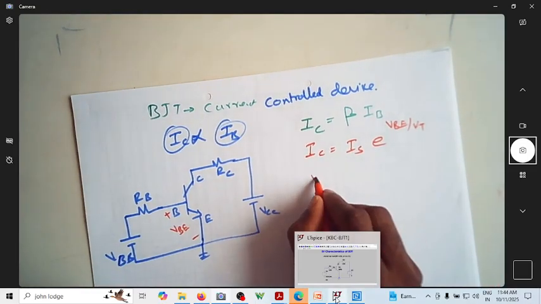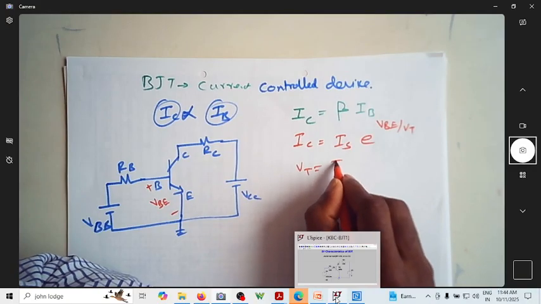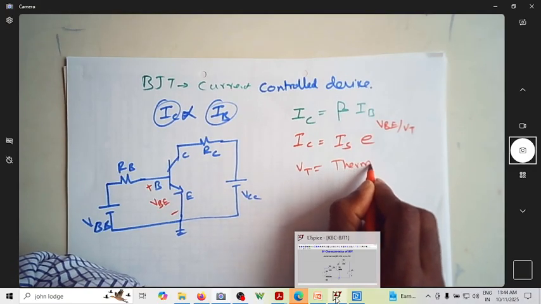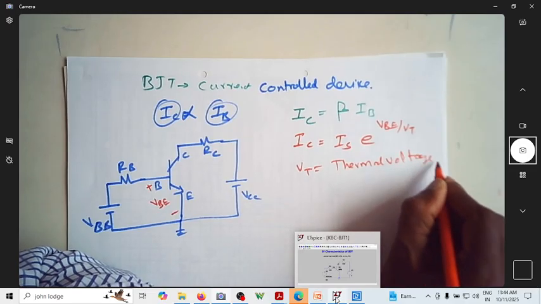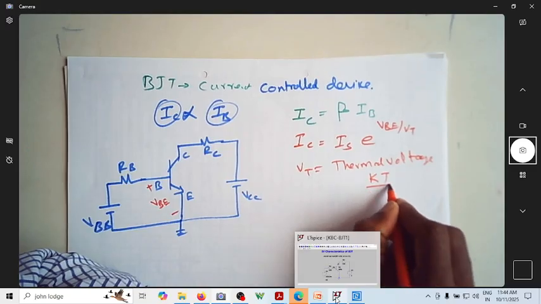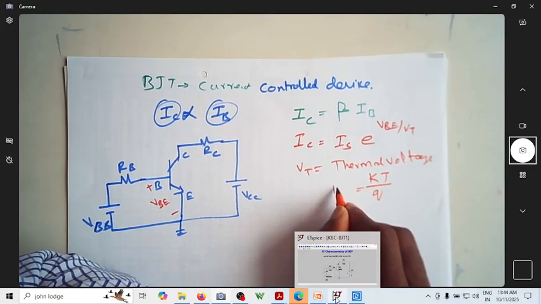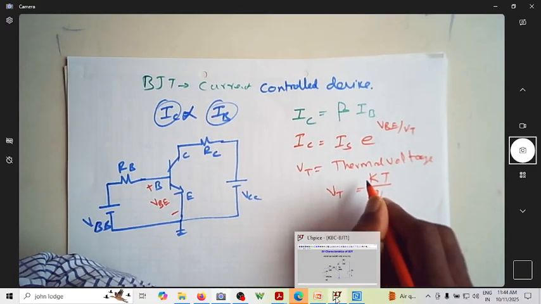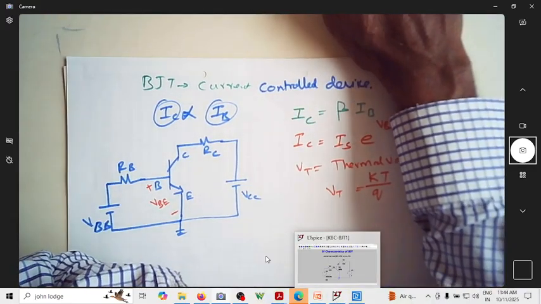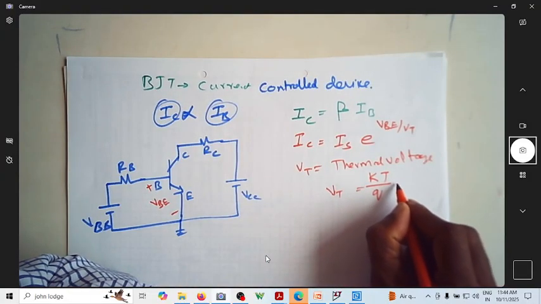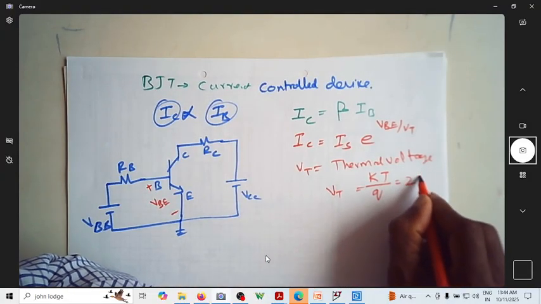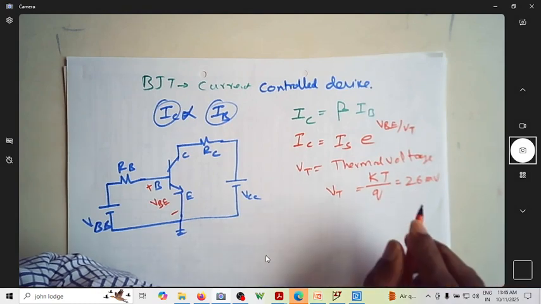Whereas VT is nothing but the thermal voltage, which is nothing but KT by Q, where K is the Boltzmann constant, T is the temperature, and Q is the charge of an electron, which will be at room temperature 26 millivolts.